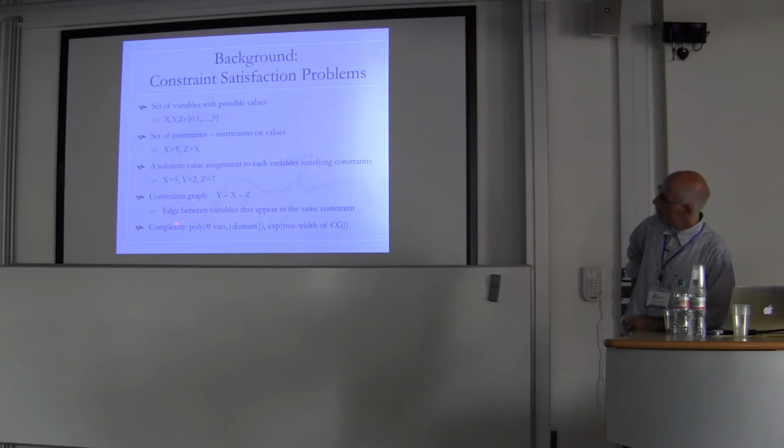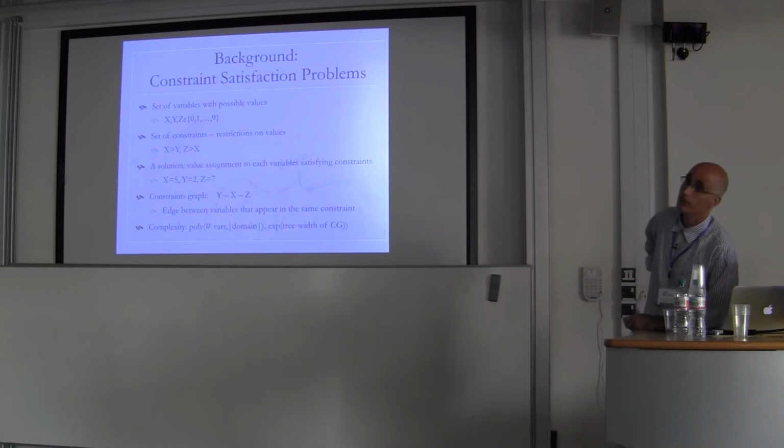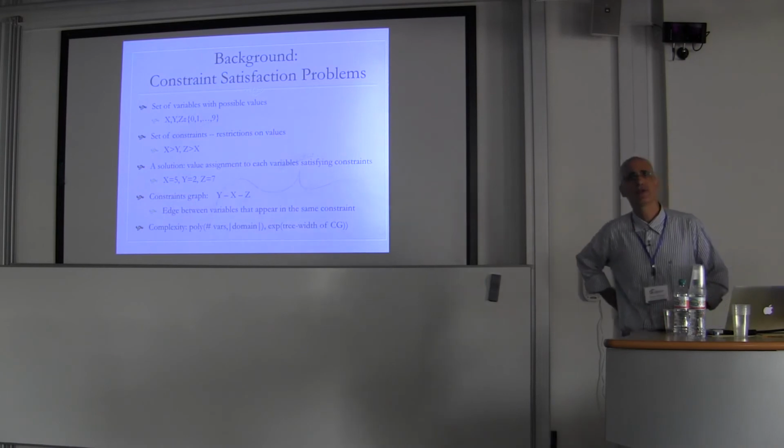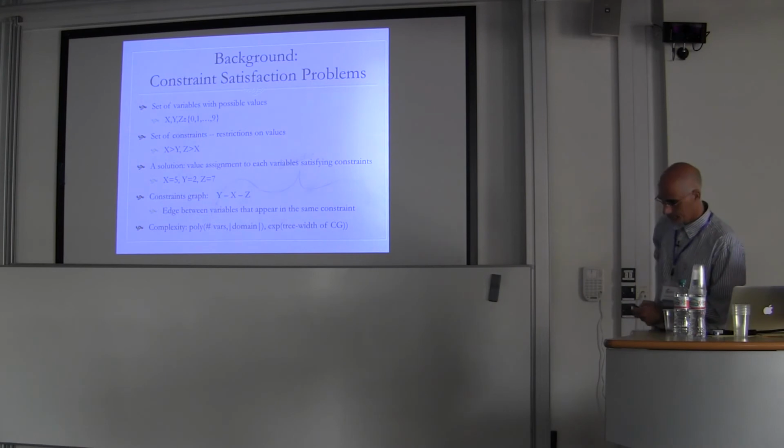And what we know is that the complexity of finding a solution to a constraint satisfaction problem is polynomial in how many variables we have in the problem and the size of the domain, and exponential in something called the tree width of this graph. How many people know the notion of tree width? Okay, I'll go over it. It's a very important notion in computer science, and especially in graph theory.